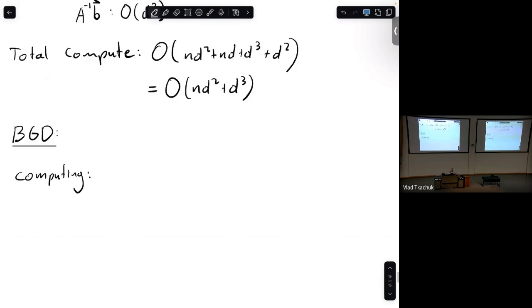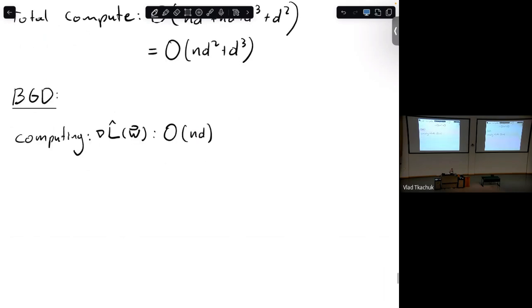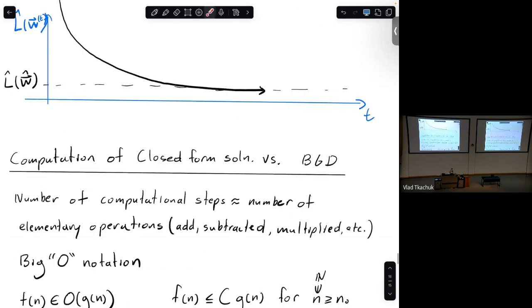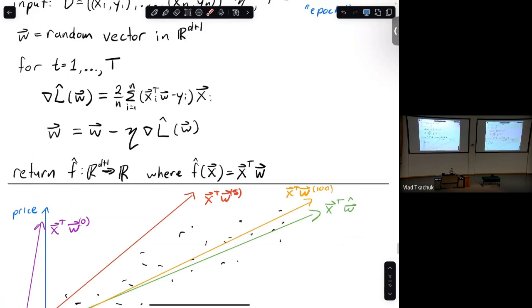So computing the gradient is going to be big O of n times d. Then doing the W update is also really easy. You take a vector, you subtract from it another vector.